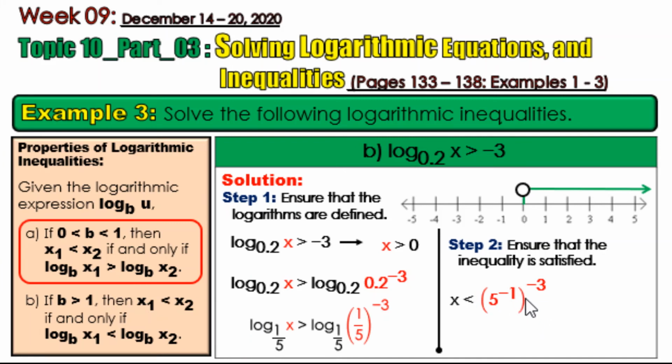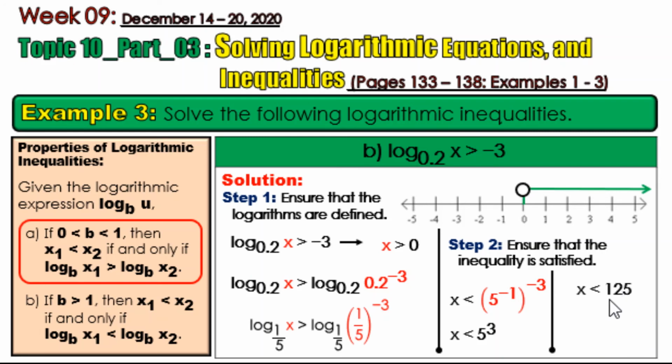So we can simplify this further as x is less than 5 cubed. Negative 1 times negative 3 is positive 3, and as you can see, your inequality sign is reversed. And therefore, 5 cubed is equal to 125.